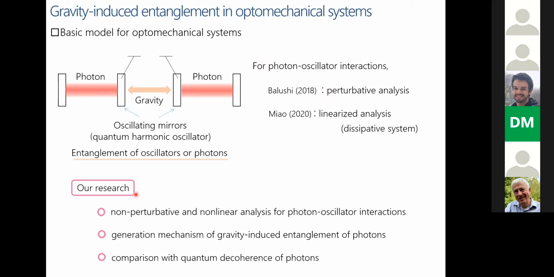On the other hand, we address non-perturbative and nonlinear analysis to discuss the gravity-induced entanglement. In particular, we revealed the generation mechanism of gravity-induced entanglement of photons. We also consider the effect of decoherence for photons and compare the entangling time with the decoherence time.